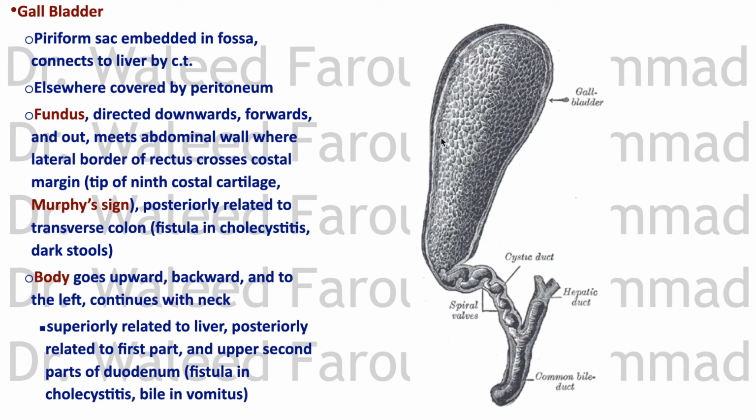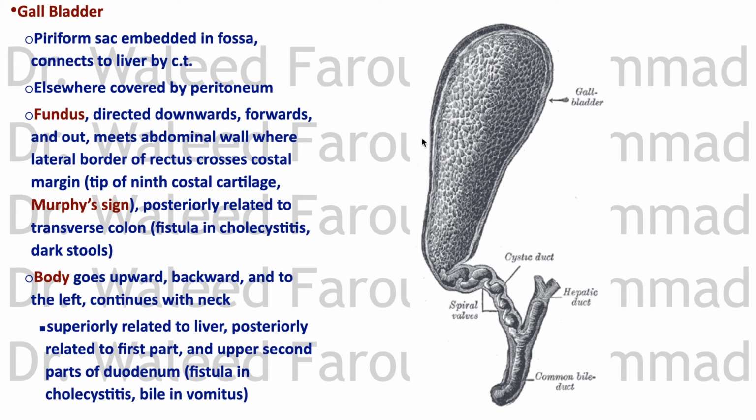Now, the importance of it touching the anterior abdominal wall is that we can use this when we examine the liver, if we're suspecting cholecystitis or any pathology in the gallbladder, by detecting Murphy's sign, in which you deeply palpate below the liver and ask the patient to take a deep breath, and he holds his breath once the fundus of the gallbladder touches your hand. This is called Murphy's sign.